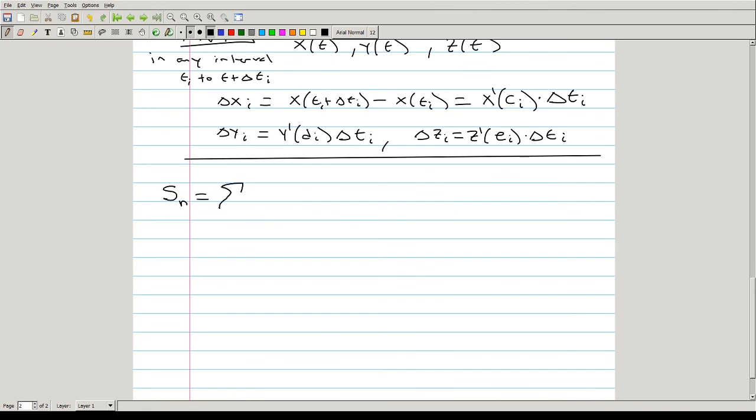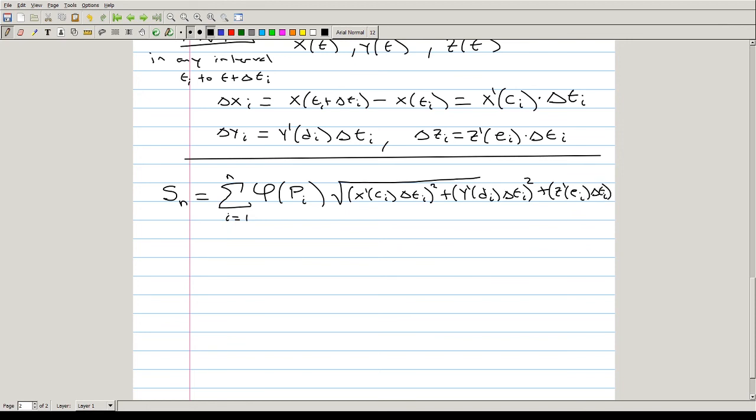This is going to be equal to the sum from i equals 1 to n of phi at some sample point p_i times, when we plug in the mean value theorem results, the square root of x prime at c_i times delta t_i squared plus y prime at d_i times delta t_i squared plus z prime at e_i times delta t_i squared, the square root of this entire thing, which we can simplify.